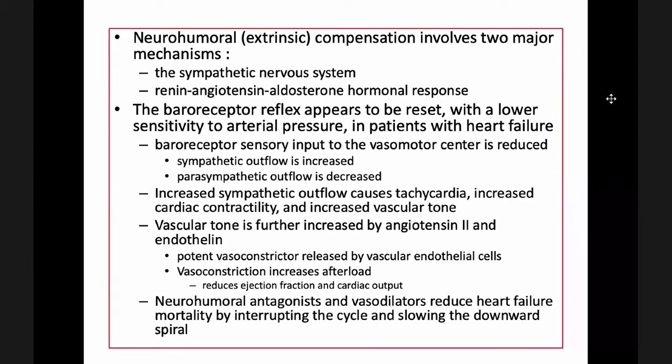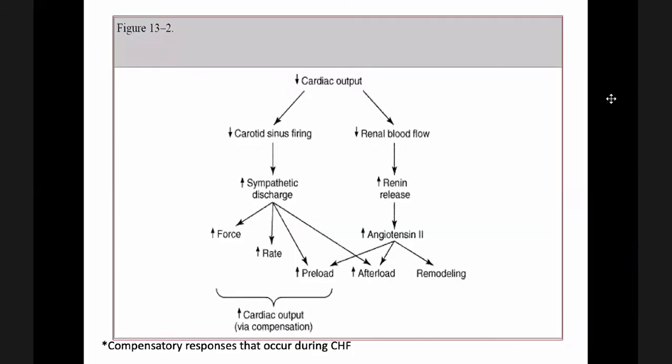Thus, you will also have a reduction in your ejection fraction as well as your cardiac output. So your neurohumoral antagonists and vasodilators reduce heart failure mortality by interrupting the cycle and slowing down the downward spiral. So these are the compensatory responses that occur during heart failure.